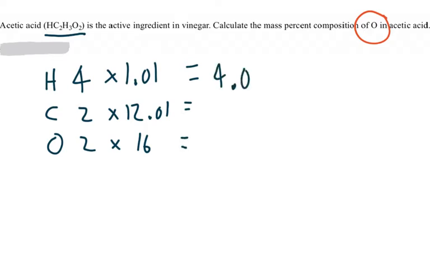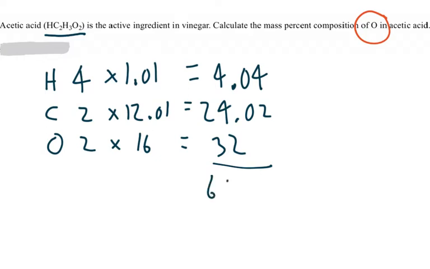So we get 4.04 for the hydrogens. Then here we get 24.02 for the carbons. 16 times 2 is 32. And then we're going to go ahead and add. So it's going to be 4.04 plus 24.02 plus 32. We're going to get a total here of 60.06 grams per mole. Now, they wanted us here to find the percentage of oxygen.